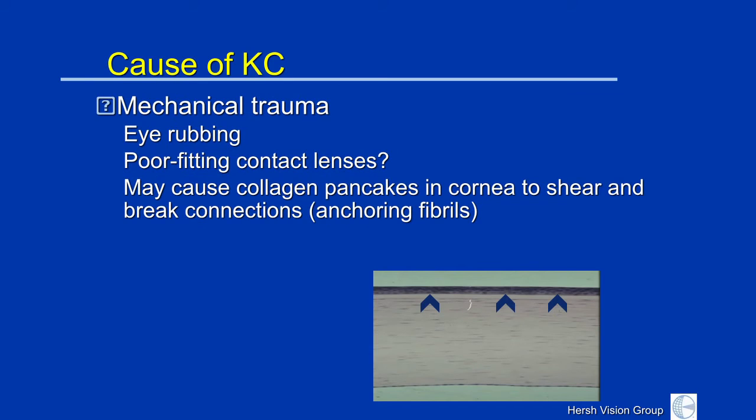So again, avoid eye rubbing, and that has set up a question of, is it possible that keratoconus patients, who often have to wear what's called hard lenses, or really called gas permeable lenses now, because hard lenses is a material from many generations ago. They're a little harder, a little stiffer, have a little bit more weight to them.